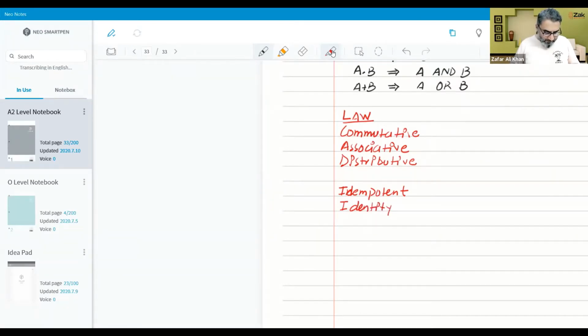And then we have null laws, inverse laws, and absorption laws.